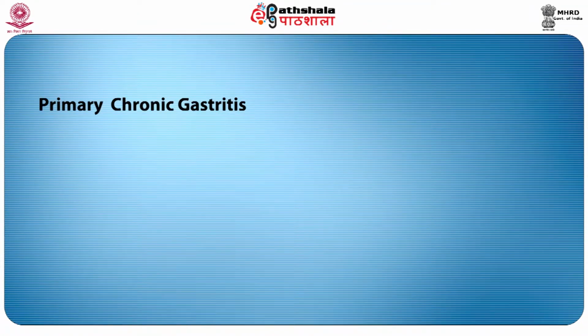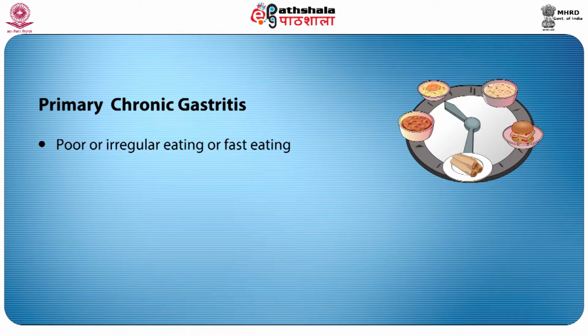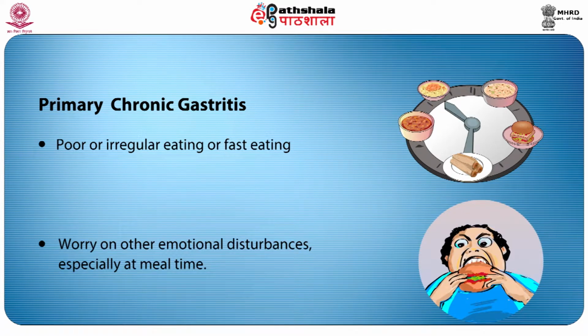Primary chronic gastritis may develop when there is poor or irregular eating or fast eating or worry or mental disturbance at meal time.